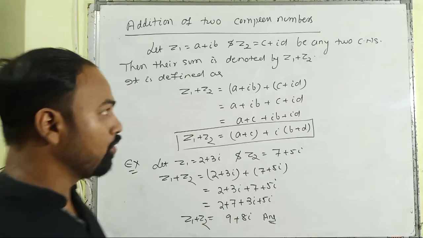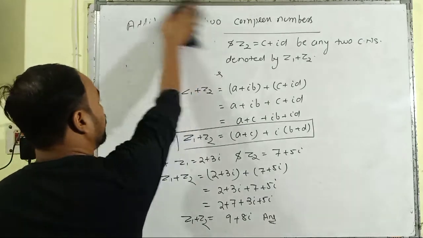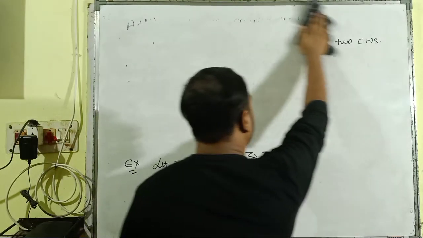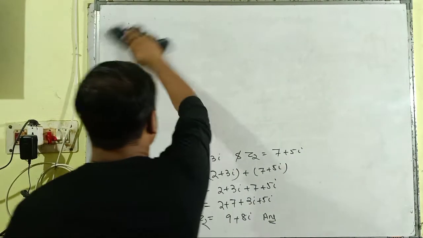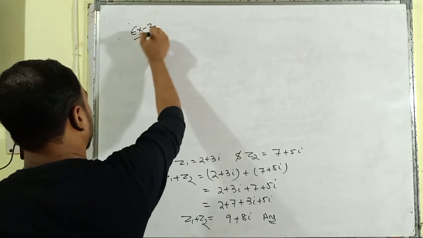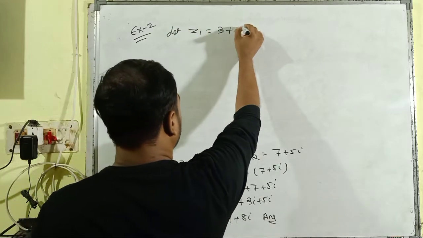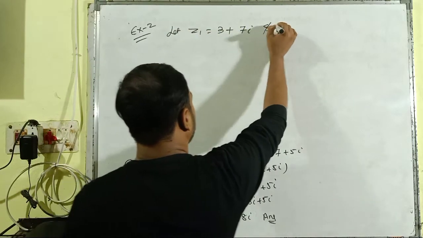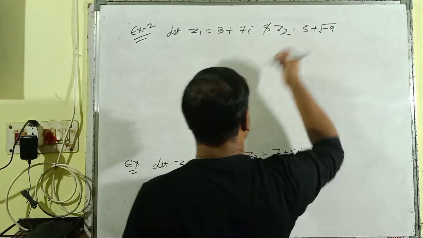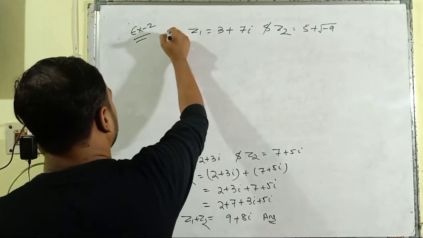Then next, moving towards another example. Suppose the question is like this. It is example number 2. Let Z1 is equal to 3 plus 7i and Z2 is equal to 5 plus square root of minus 9. Suppose the question is given like this.